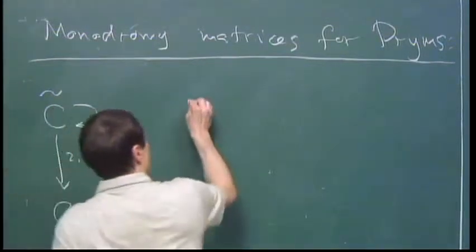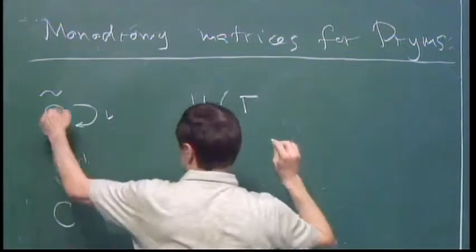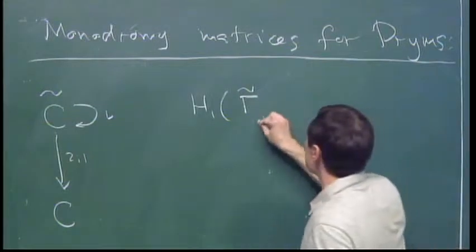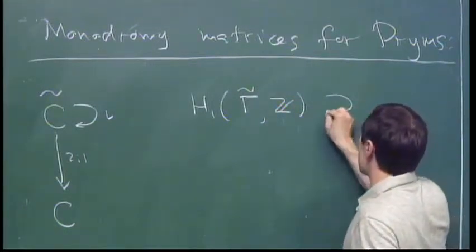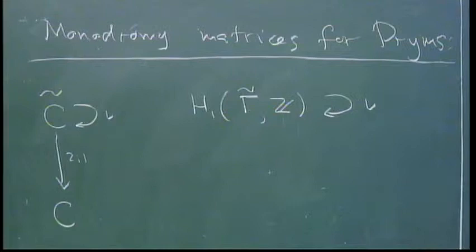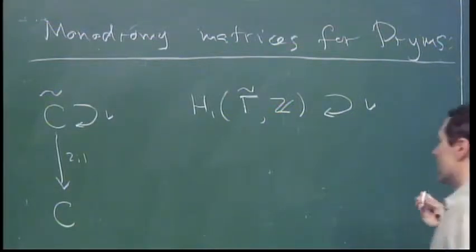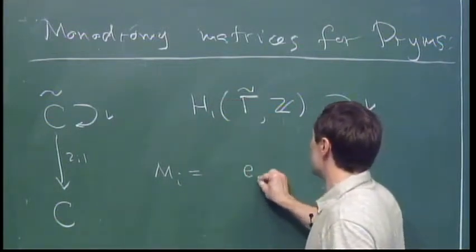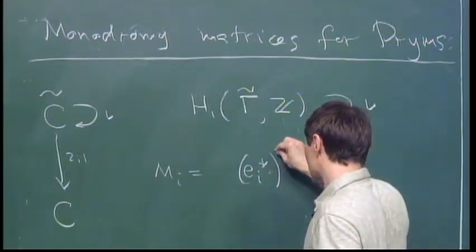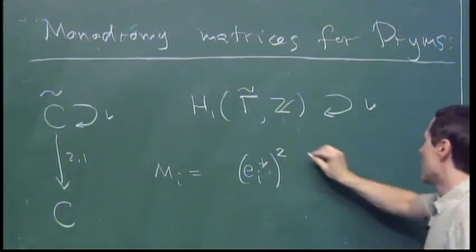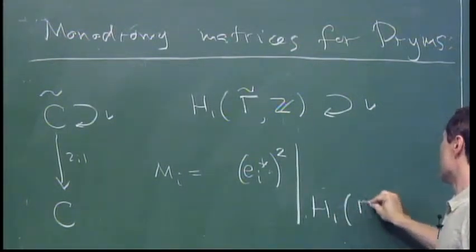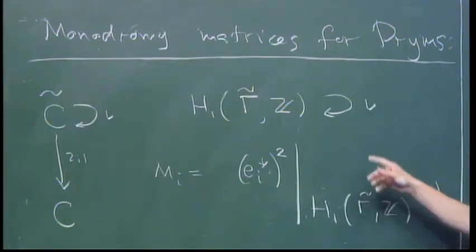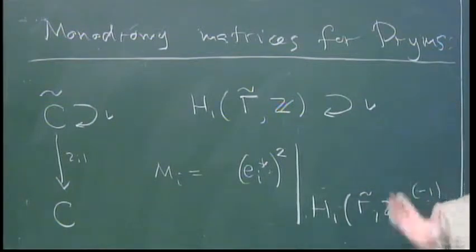And so on the first homology, so this could be stable curves, and so there is this graph for C tilde. And on this first homology, now you have an involution acting. And so the monodromy matrices are just this. So you compute this E star squared as before, and then you restrict it to the -1 eigenspace for this action. And that's it.